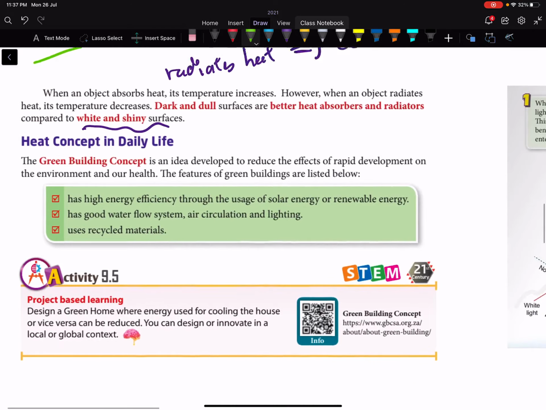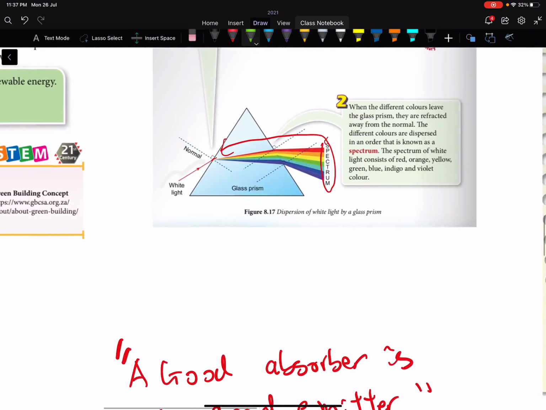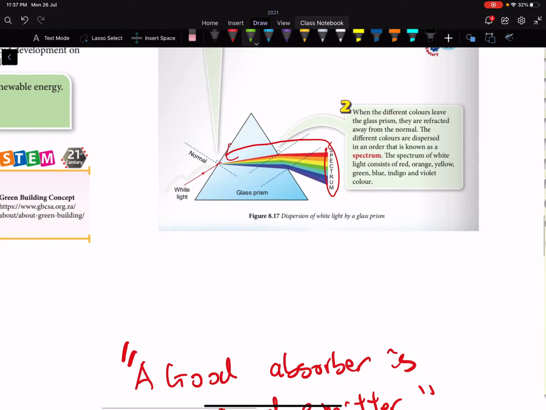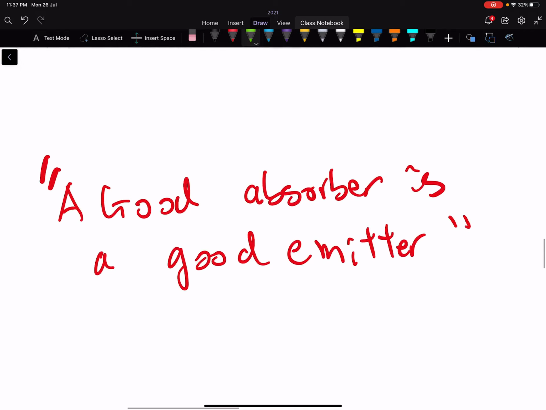What about radiators? We talked a little bit about radiators, and it's actually quite hard to find information on why dark objects radiate heat that much. But a very good summary for your level is: a good absorber is a good emitter.